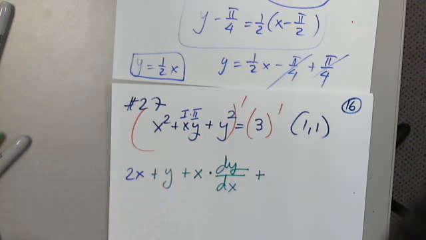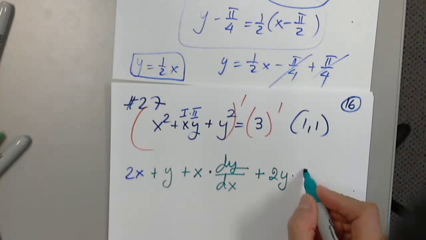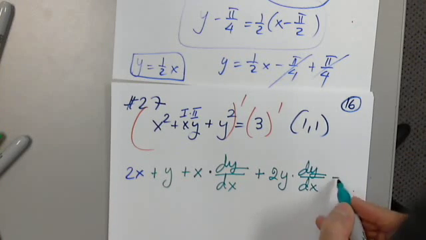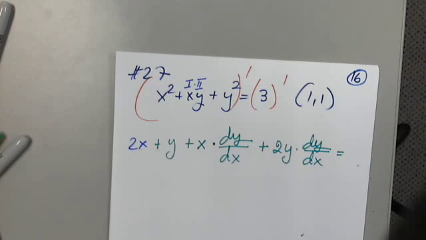And plus the derivative of y squared. Perfect. I finally reached the equal symbol. So something like this you will see on a test or final.